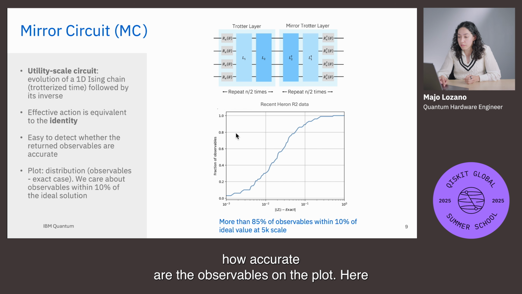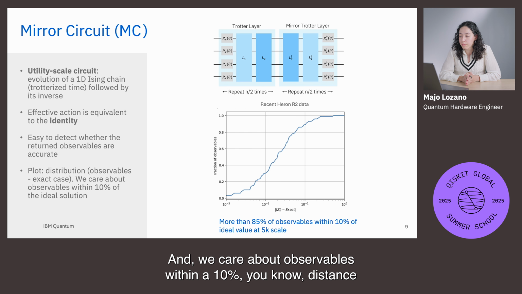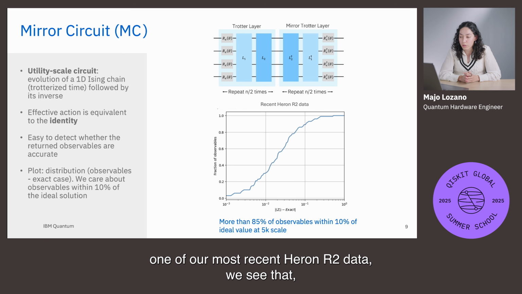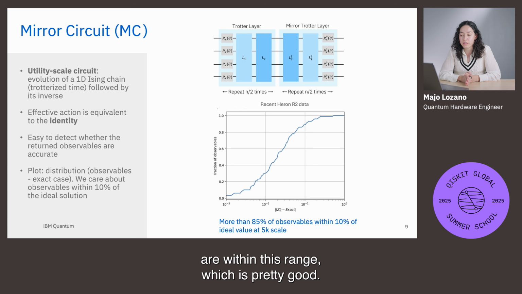On the plot here, we see the distribution of the difference of observables minus the exact case, and we care about observables within a 10% distance from the ideal solution. In this very case, which is one of our most recent Heron R2 data, we see that roughly 85% or more of our observables are within this range, which is pretty good.